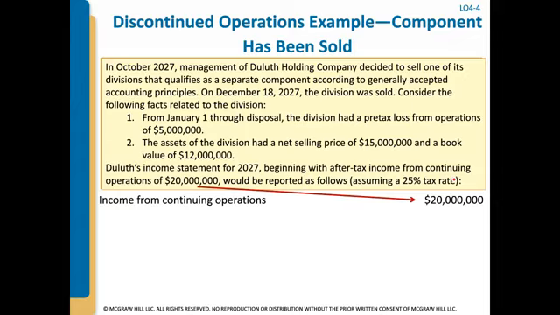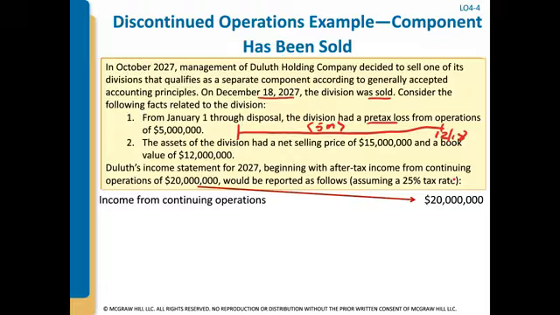In October 2027, management of Duluth Holding Company decided to sell one of its divisions that qualifies as a separate component according to GAAP. On December 18th, the division was sold. Consider the following facts related to the division, the division that was discontinued. From January 1 through the disposal on December 18th, the division had a pre-tax loss of $5 million.